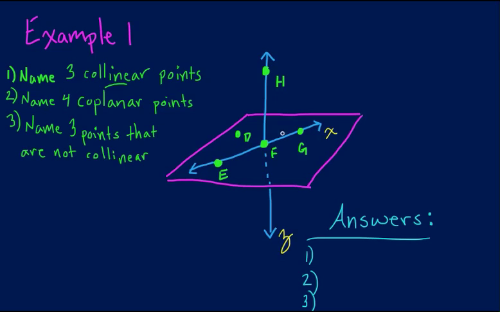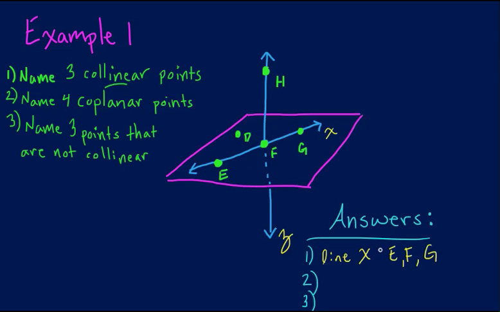Look at line X. It has 3 points on there, right? Line X has point E, point F, and point G. Remember, they all have to share the same line. So line X would give us the 3 collinear points, which we write as E, F, and G, because that's how we write our points.